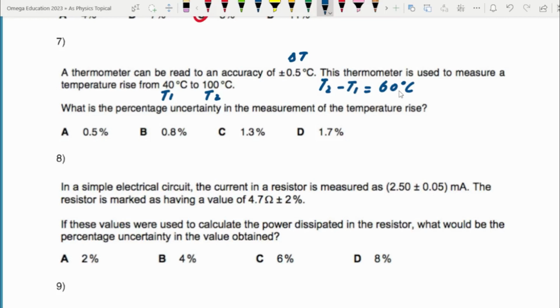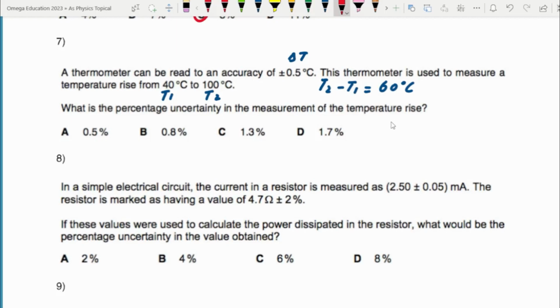But with the uncertainty of, okay, this question is kind of a deceptive one. So what is the absolute uncertainty in this case? Keep it in mind, whenever you add or subtract the quantities, the absolute uncertainties are added.